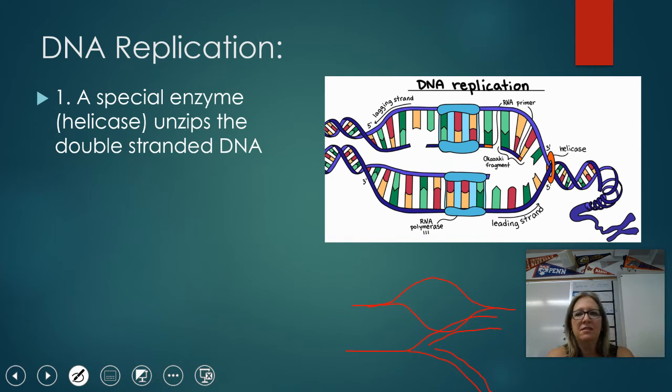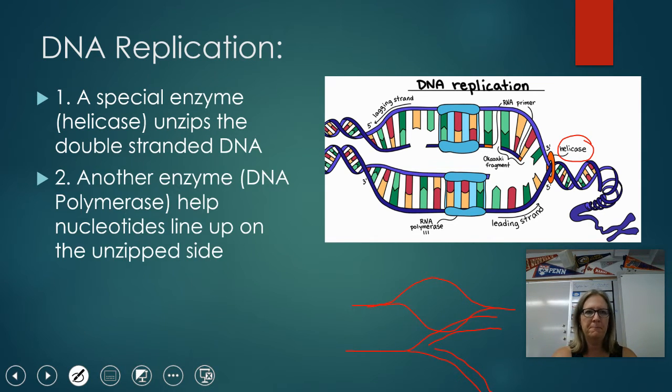Again, a special enzyme called a helicase, right here, is what unzips the DNA this time, okay? Another enzyme, which is called DNA polymerase, super fancy, it helps get the nucleotides lined up in the right spot, okay? And it lines them up on the unzipped side.